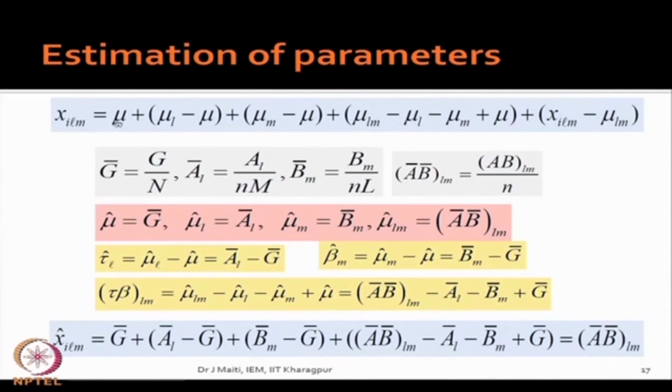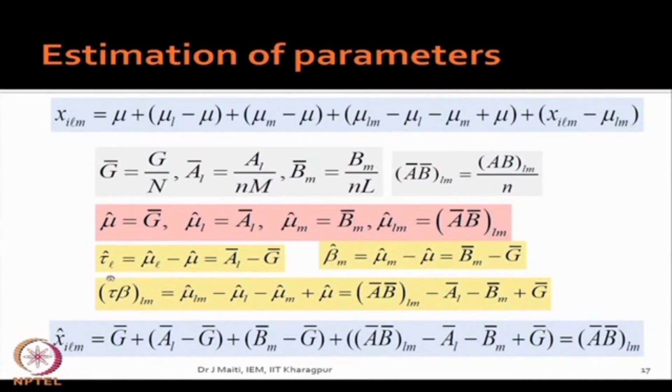So, this first one is grand mean, second one is A effect, third one is B effect, fourth one is AB, that is interaction effect, last one is error. So, this one we are writing in the same manner. So, grand mean G by N. Now, A effect, that is A_L bar, A_L by N_M, B_M bar, B_M by capital N_L, then AB bar LM, that is AB_LM by small n, then mu is nothing but G bar, mu_L is nothing but A_L bar, mu_M is nothing but B_M bar, mu_LM is nothing but AB_LM bar.